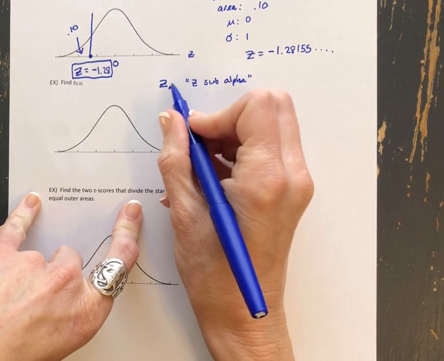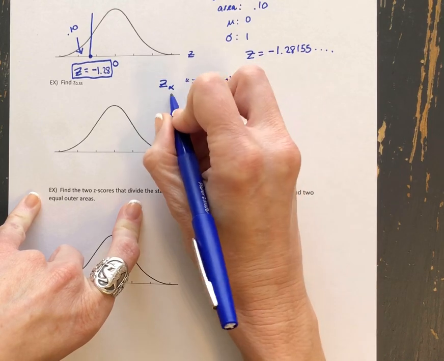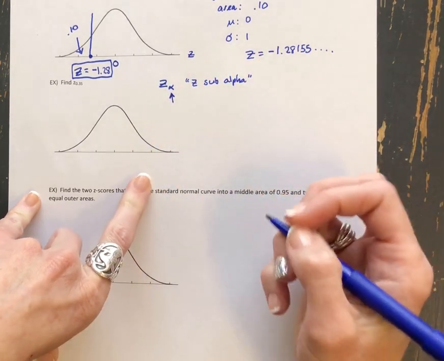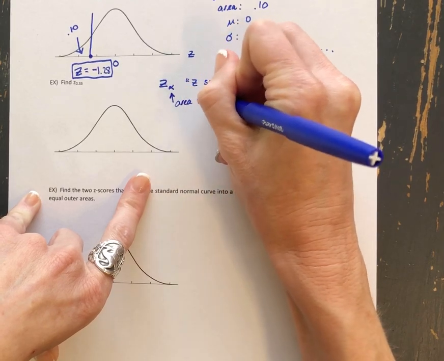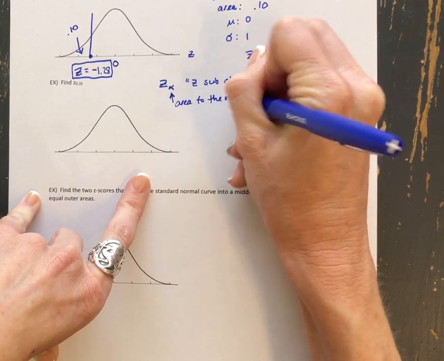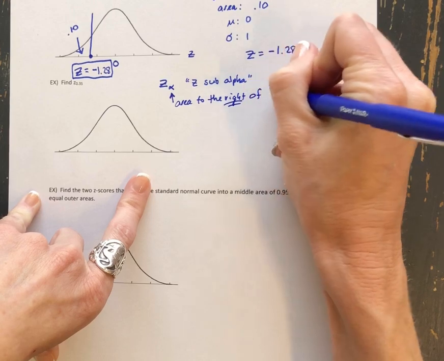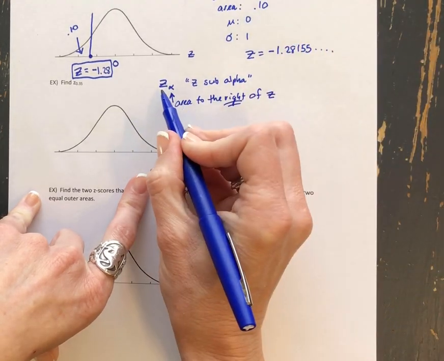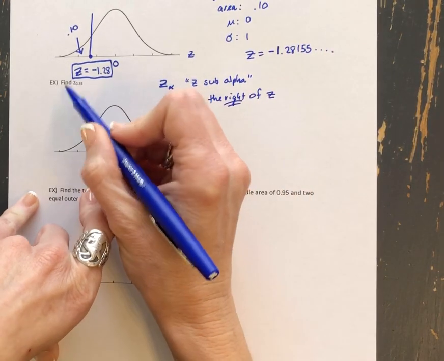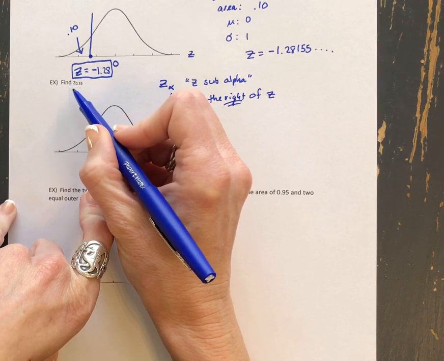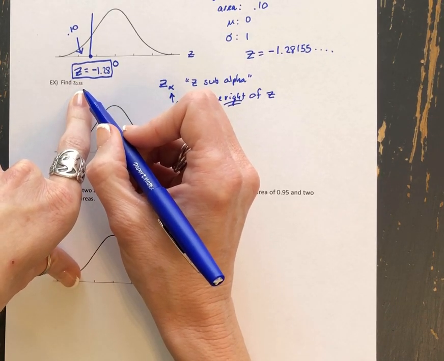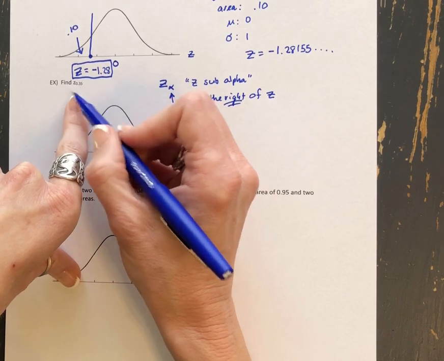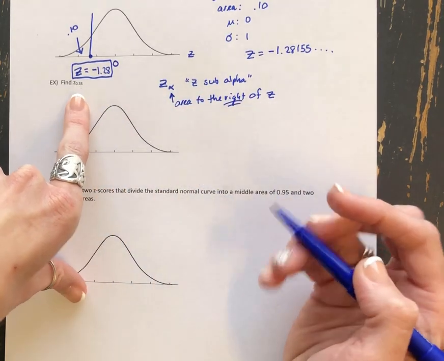And the alpha down here always stands for the area to the right of whatever this z value is. So this is just asking us to find a z-score that has area 0.35 to its right. Okay, it's just a shorthand way of asking that question.